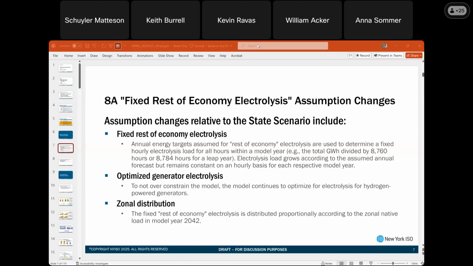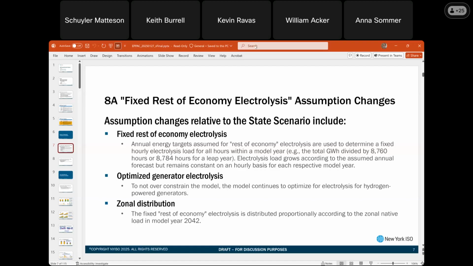Can you talk about how you represent, well, as I recall, there was a discussion a few months ago, and I think Skylar said something to the effect of what you'd be looking for is to make sure that the electrolysis load is balanced by the amount of generation, the amount of new resources that are added in the model, so that you can be sure that you have the energy you need to actually perform electrolysis.